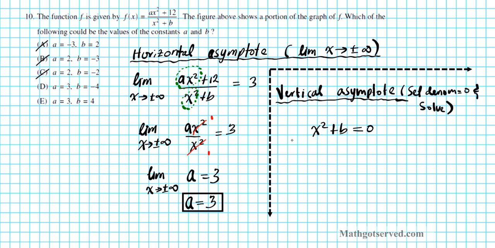Since the vertical asymptote is x equals 2, we plug it in here. 2 squared plus b must be equal to 0. If you solve that, you have b equals negative 2 squared, which is 4 subtracted from both sides, so negative 4. That's your answer for b. So you can clearly see that our answer is option letter D.